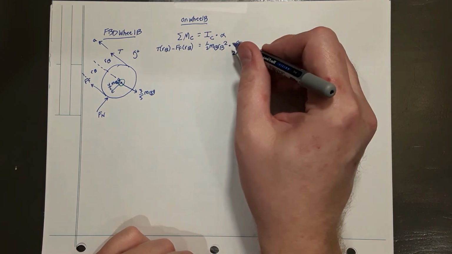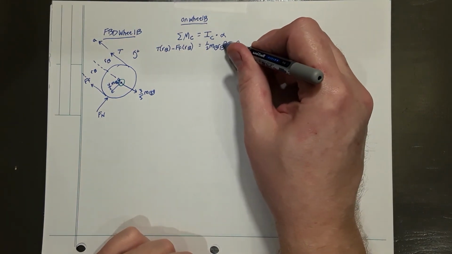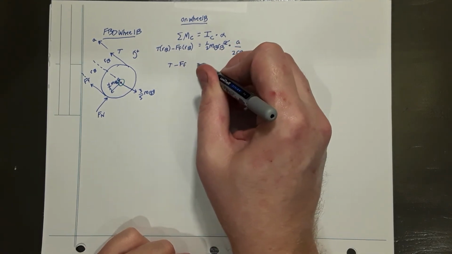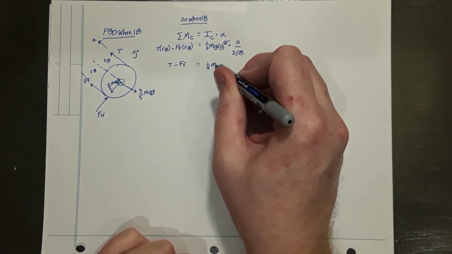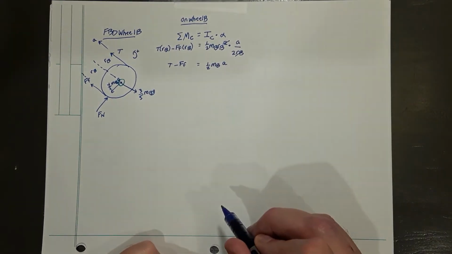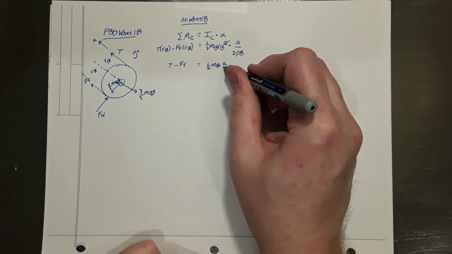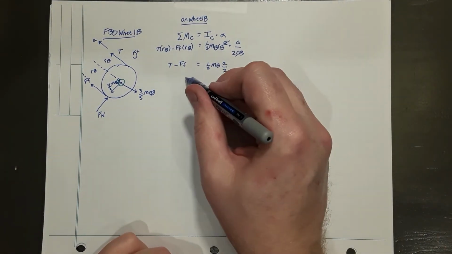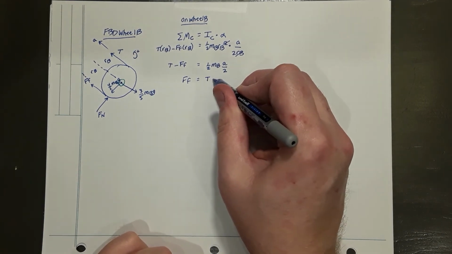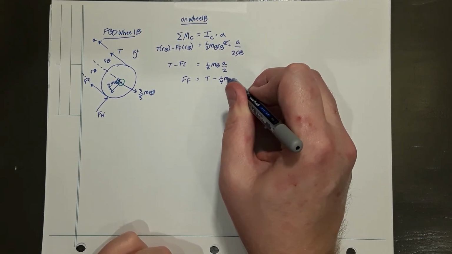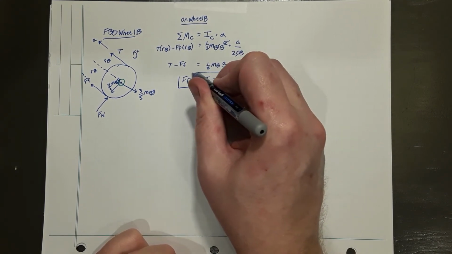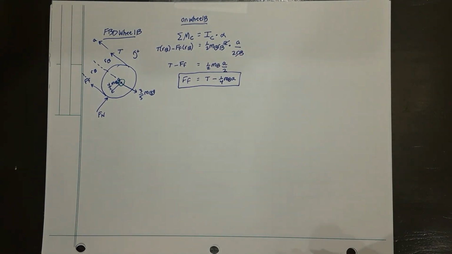We end up with RB canceling here and here. And if we divide both sides by RB, we're going to end up with 1/2 MB. RB will divide out on both sides and cancel. We get 1/2 MBA over 2. And so we get force of friction is tension minus 1/4 MBA.